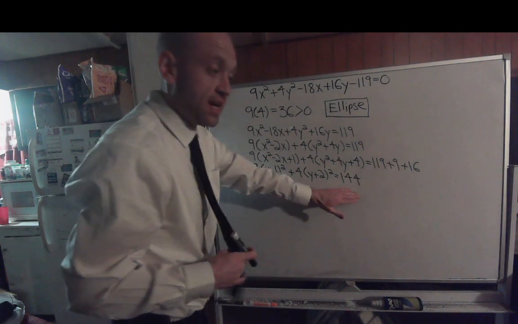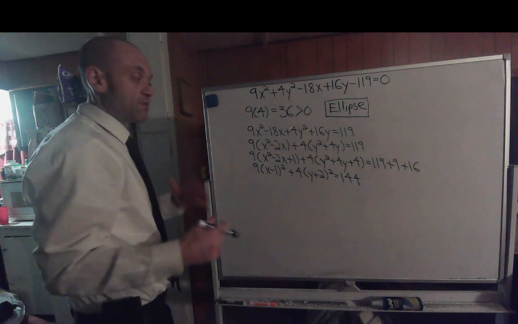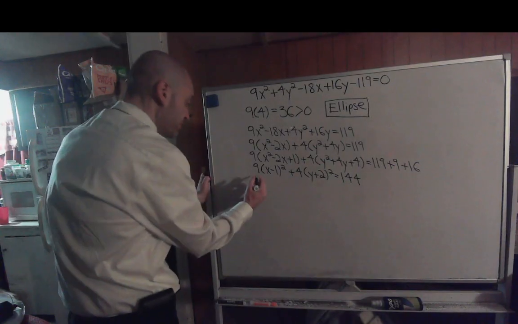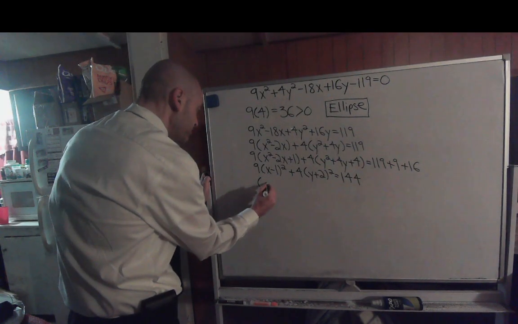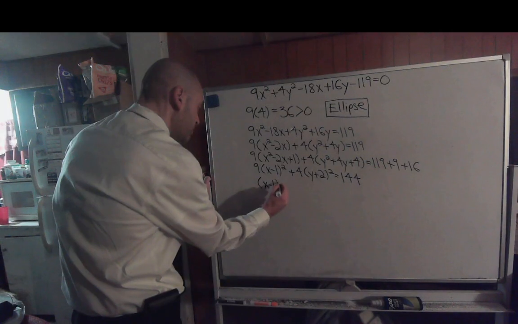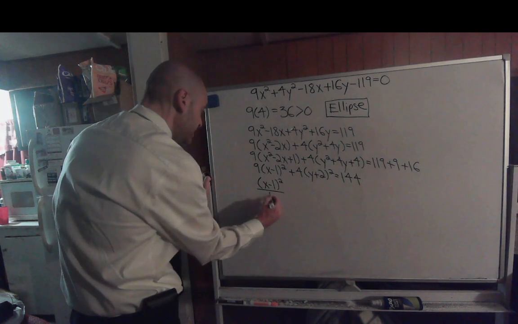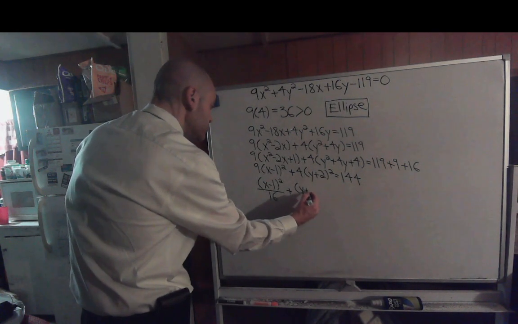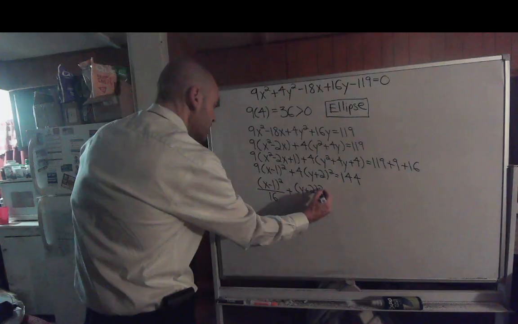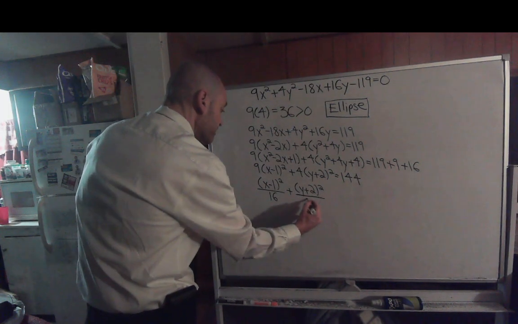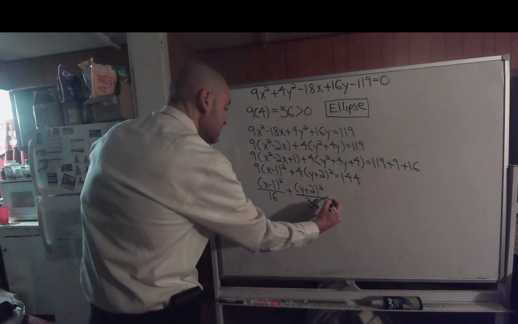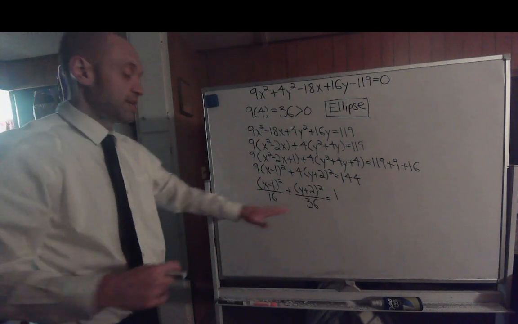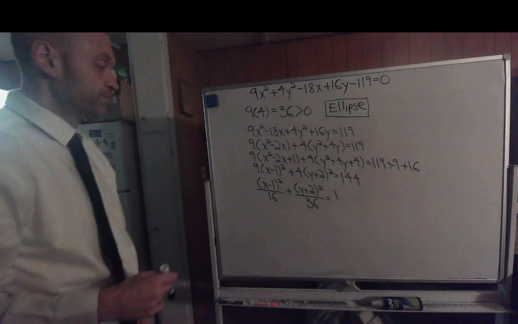The right-hand side has to equal 1 to be in standard form, so I have to go through and divide everything by 144. This would give me x minus 1 squared over 16 plus y plus 2 squared over 36 is equal to 1. Now I have this equation of the ellipse in standard form.